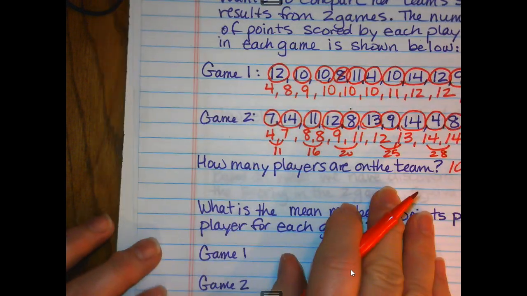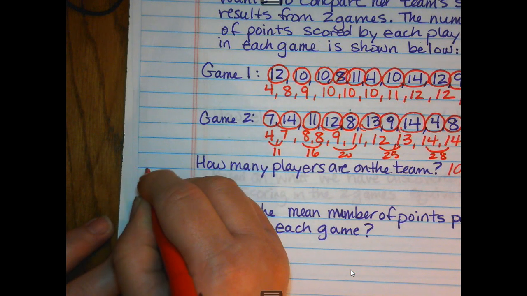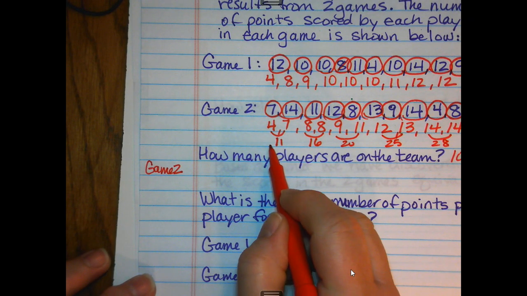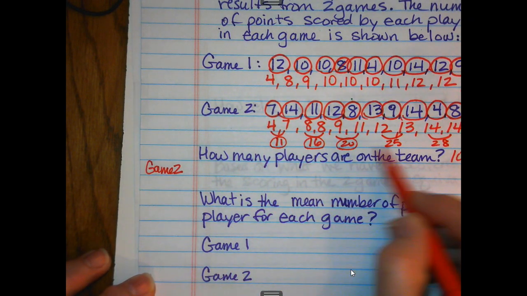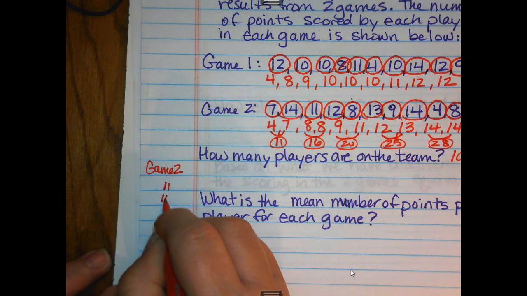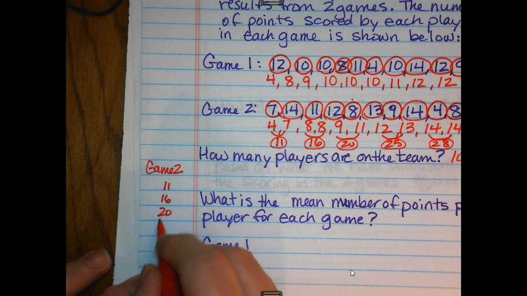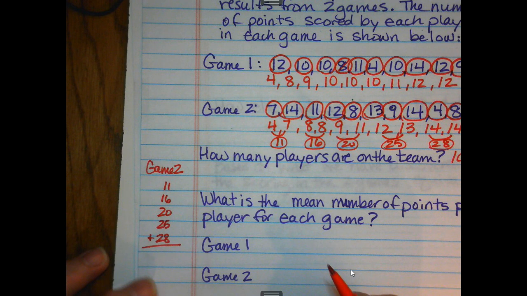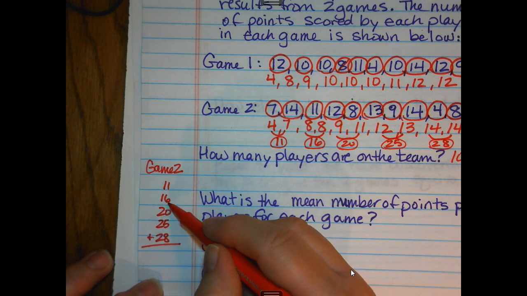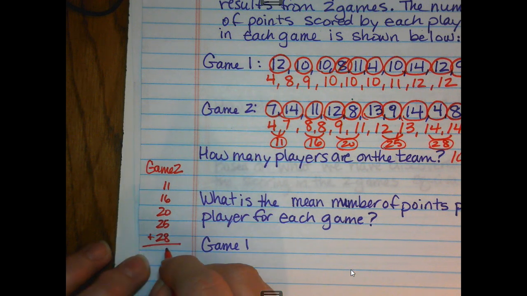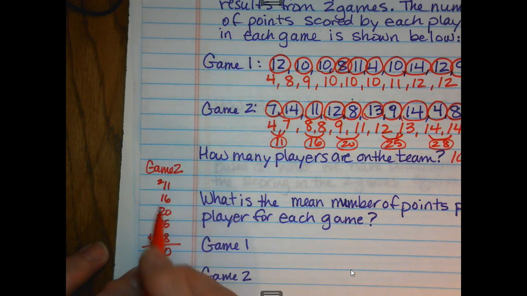So over here, I'm going to write game 2, and I'm going to bring all of these numbers at the bottom over because I started doing the combining. 11, 16, 20, 25, and 28. Add those carefully, and I have 1 plus 6 is 7. 7 plus 5 is 12. 12 plus 8 is 20. 2, 3, 4, 5, 6, 7, 8, 9, 10.